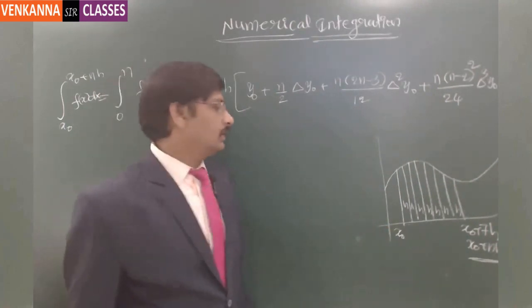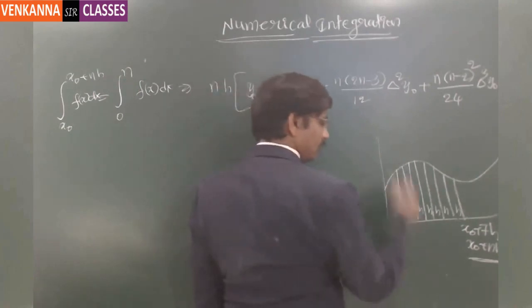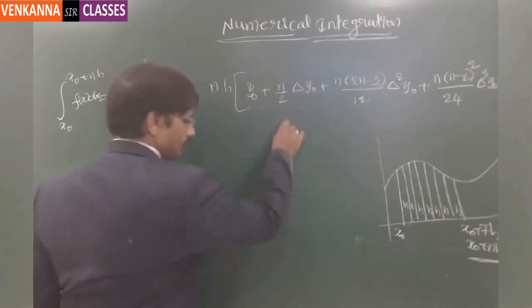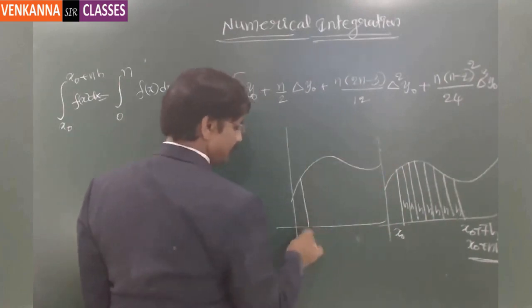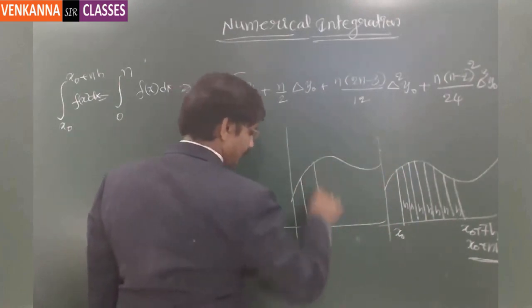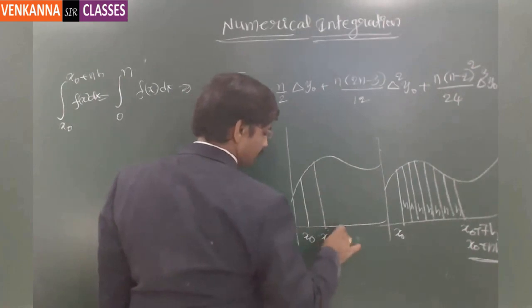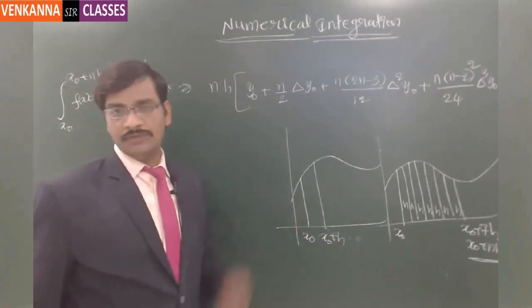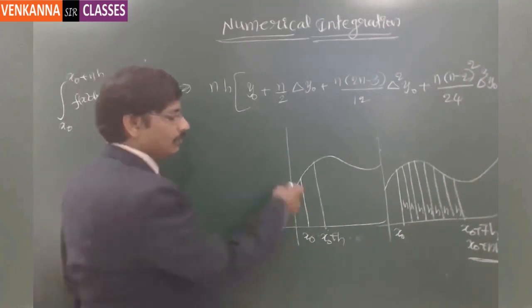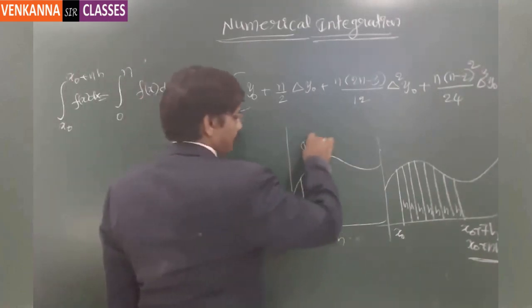Now if you take one particular interval, this is x naught, and the next one is x naught plus h. Within this you want to find the area under the curve. The curve can be approximated as a trapezoid.